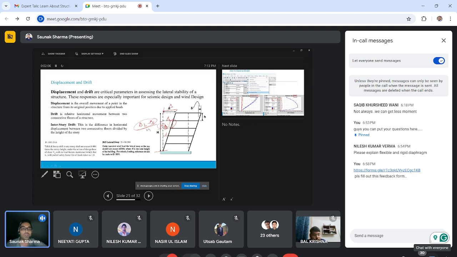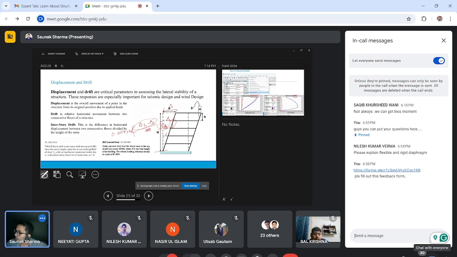Now, what are the codal parameters? If we see IS 1893:2016, story drift in any story shall not exceed 0.004 times the story height. Meaning 0.004 times story height should not be less than delta 2 minus delta 1.